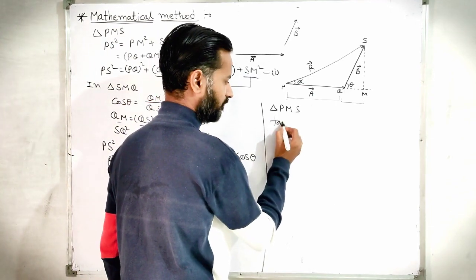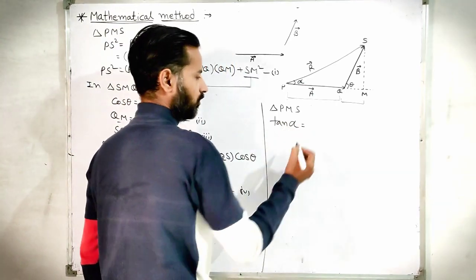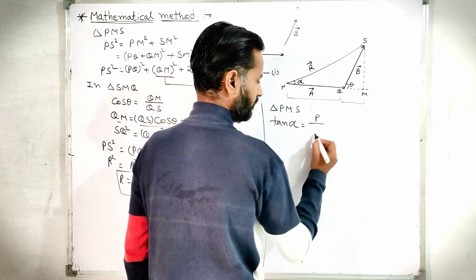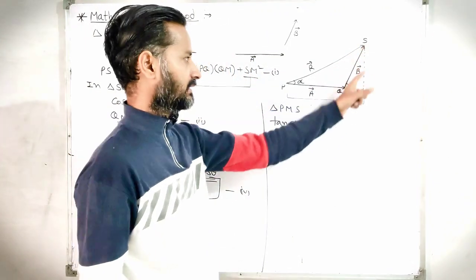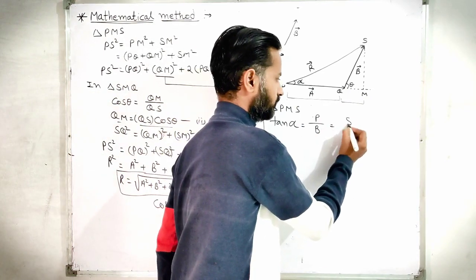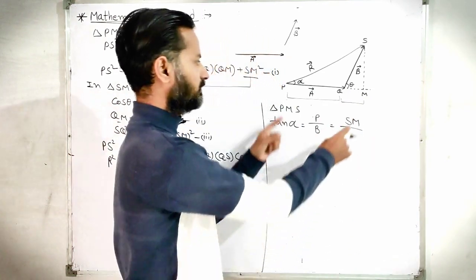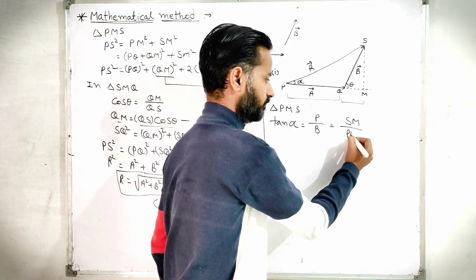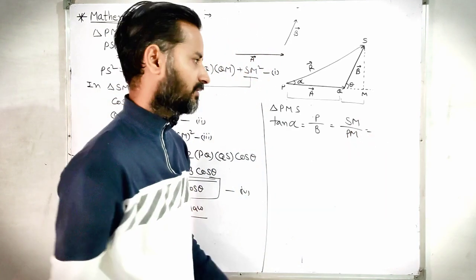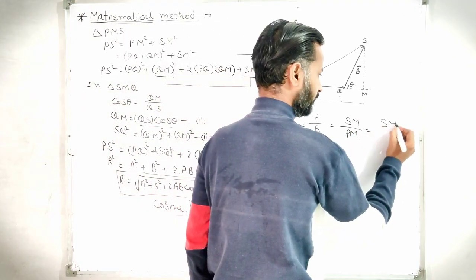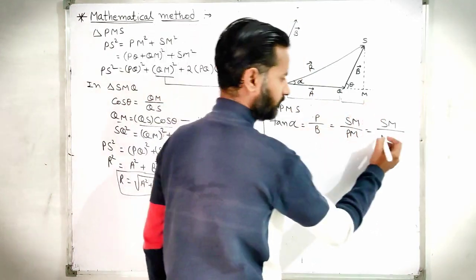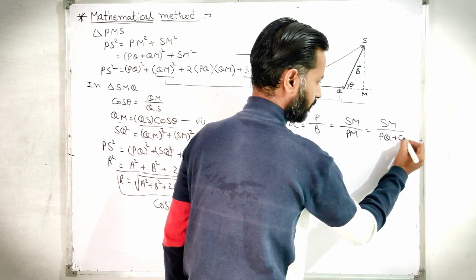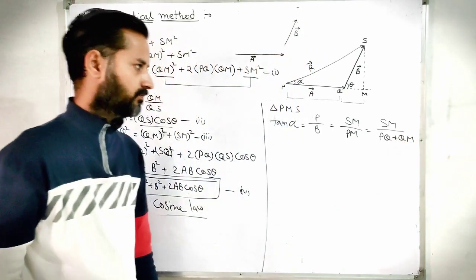So tan alpha will be equal to perpendicular divided by base, and here the perpendicular is SM divided by base, the base is PM, or we can write this as SM divided by PQ plus QM.